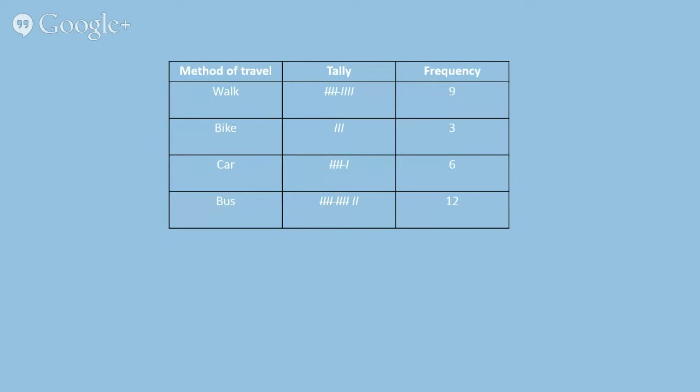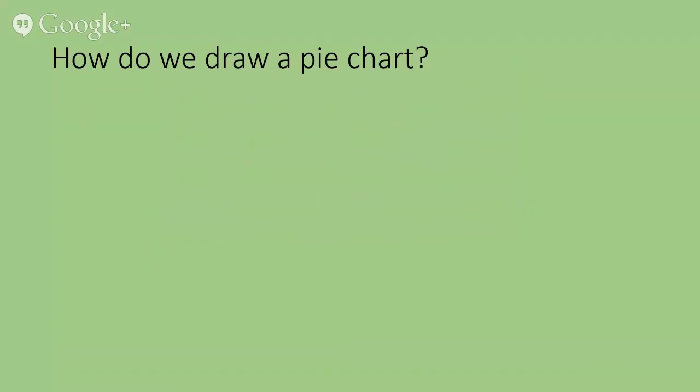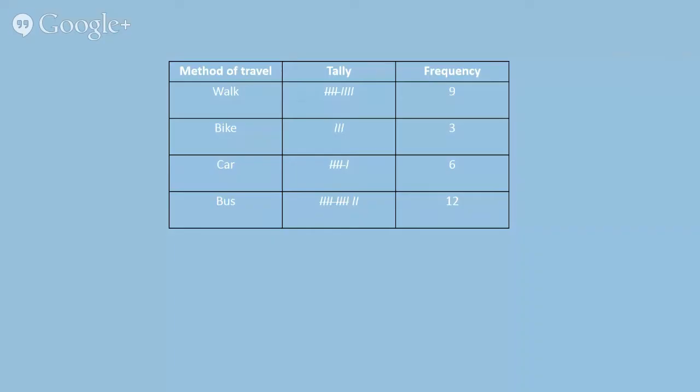And they can add up the tally and record it this way. And then we try and depict it, in this case, as a pie chart. And so how do we draw the pie chart? Well, first of all, you've got to add up the totals. So in the previous table, we would add up these totals over here, right?